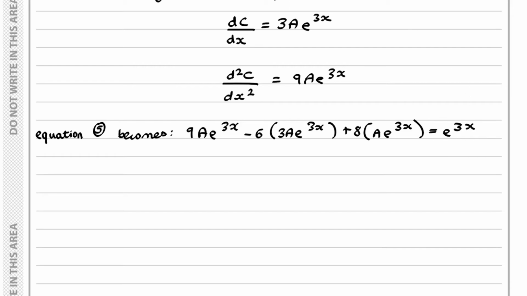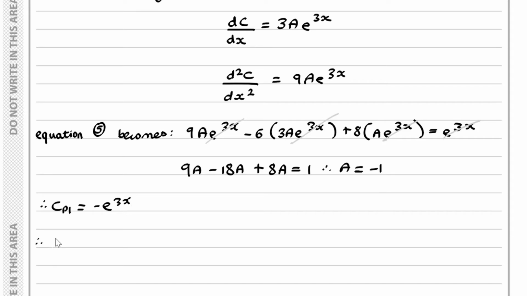And it should become obvious that the terms involving e to the 3x cancel on all sides. So we are left with 9a minus 18a plus 8a equals 1. A, in conclusion, is equal to minus 1. And knowing that, we can therefore conclude that our particular integral is equal to minus e to the 3x.